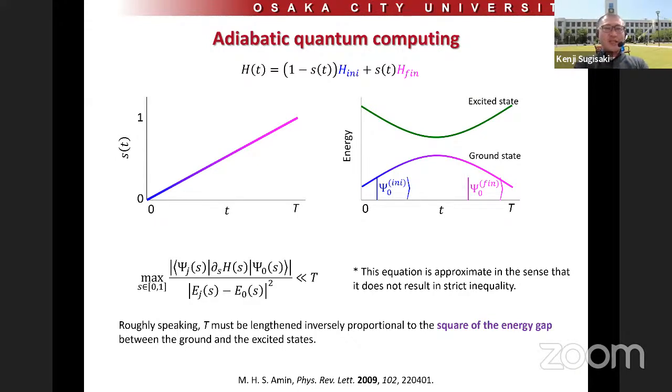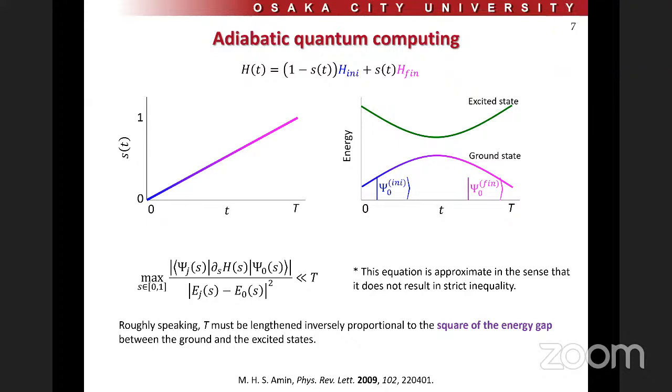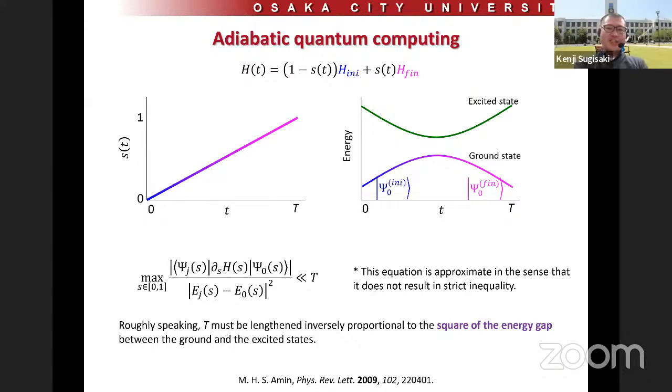Of course, there are many exceptions, but usually the energy gap becomes smaller for a larger number of qubits. But in the adiabatic state preparation case, this energy gap corresponds to the gap of the instantaneous Hamiltonian.